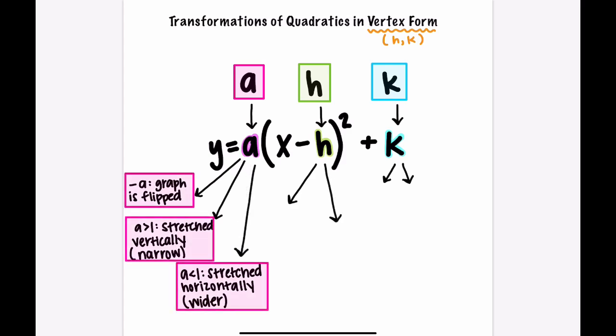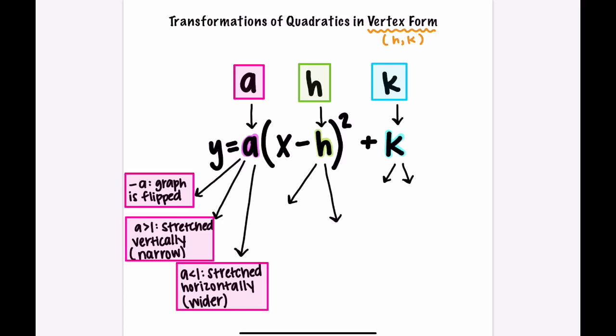Next, we're going to talk about the h value. The h value is a little bit tricky because in the vertex form of a quadratic, the x minus is part of that form. So when you see x minus a number, that means you're actually moving to the right, which is a little bit counterintuitive.